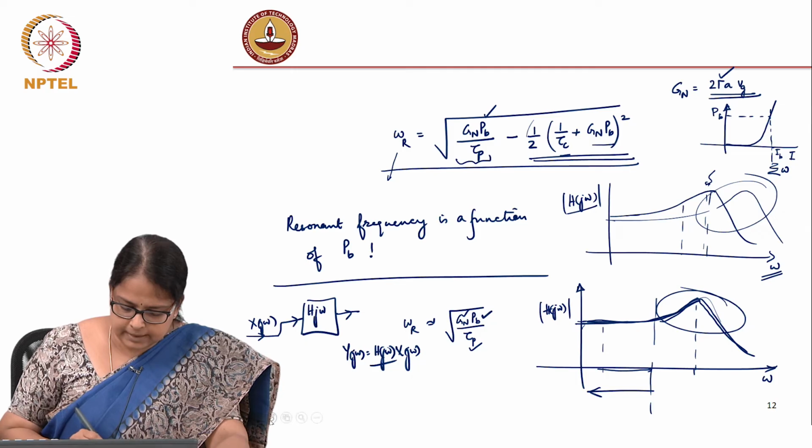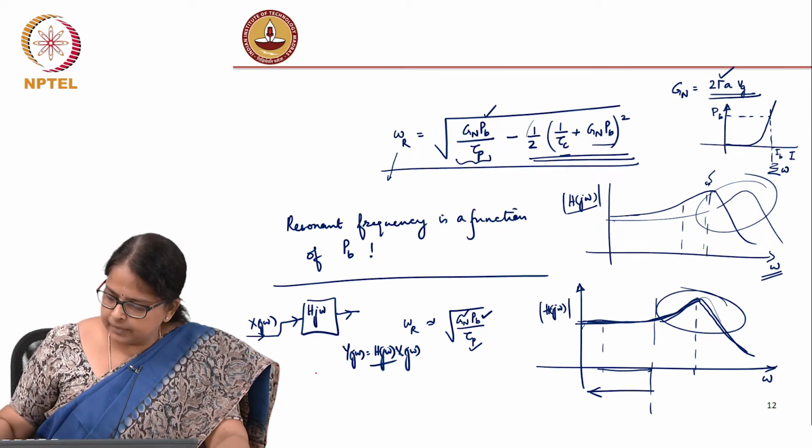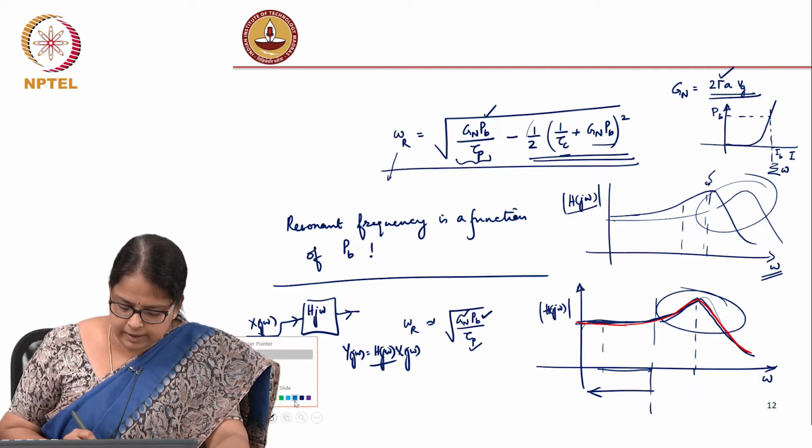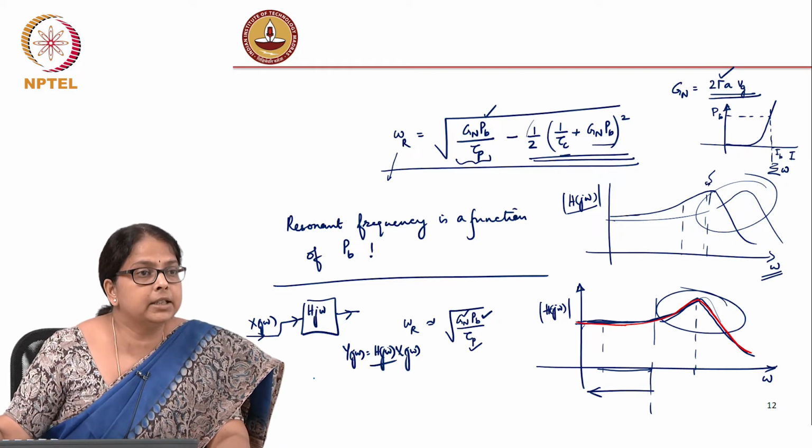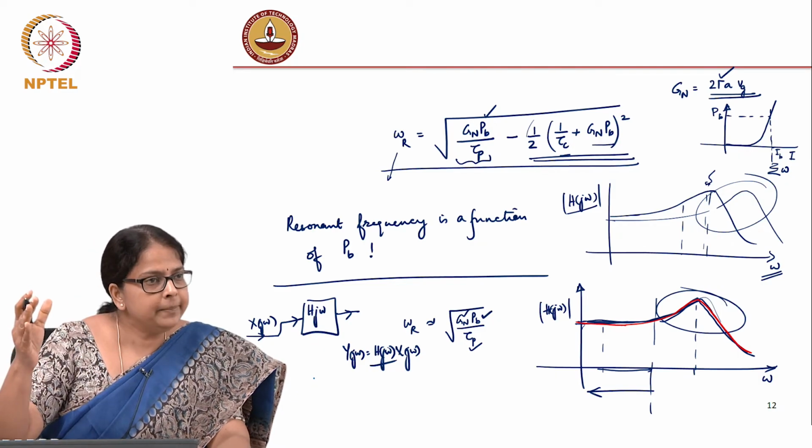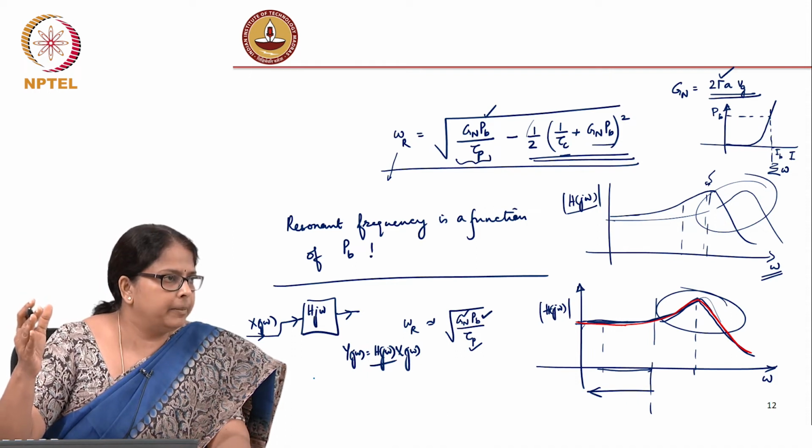What really happens in a laser system is that for a lower value of Pb, let us say this is my response, for a larger value of Pb, which means, how do I get a larger value of Pb? I just change my operating bias current.